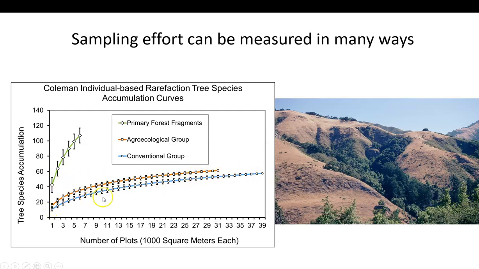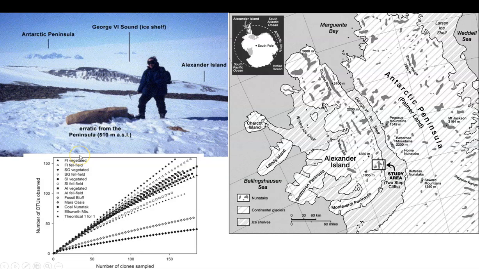It doesn't take much effort, and most of the species have been found here. Contrast that with a very hyperdiverse tropical rainforest where it is difficult to quantify biodiversity, and you may not ever reach the maximum amount. These kinds of relationships occur in many different kinds of ecosystems.